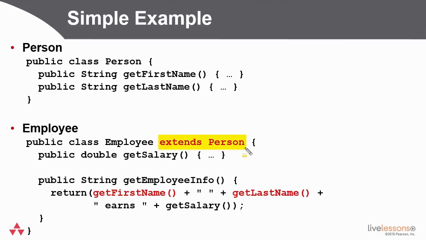The employee class can define some of its own methods like get salary or get employee info. But inside the body of the employee class, it can call the methods that came from the person, and no special syntax is required. Get first name and get salary are called exactly the same way.